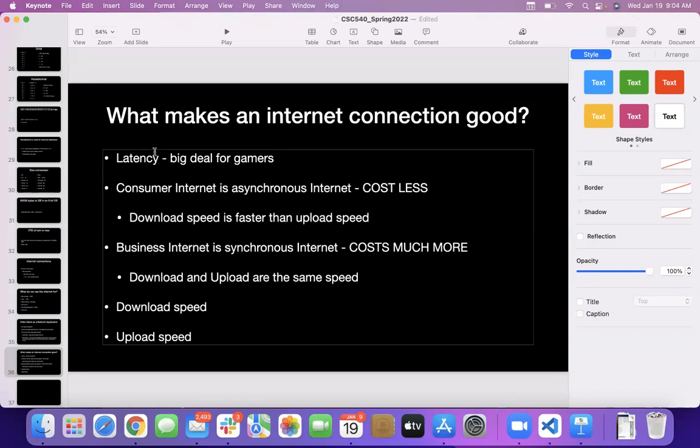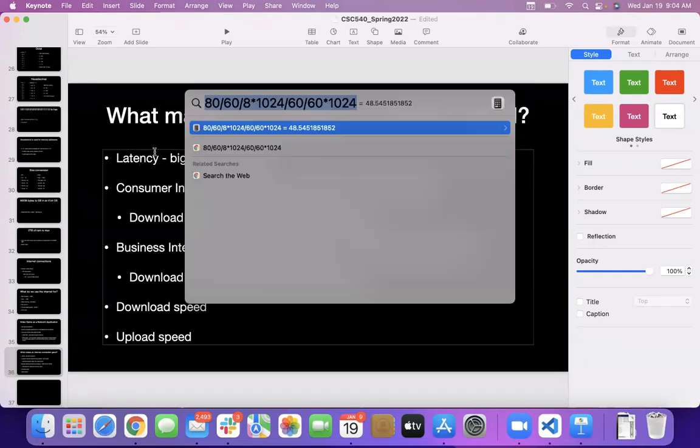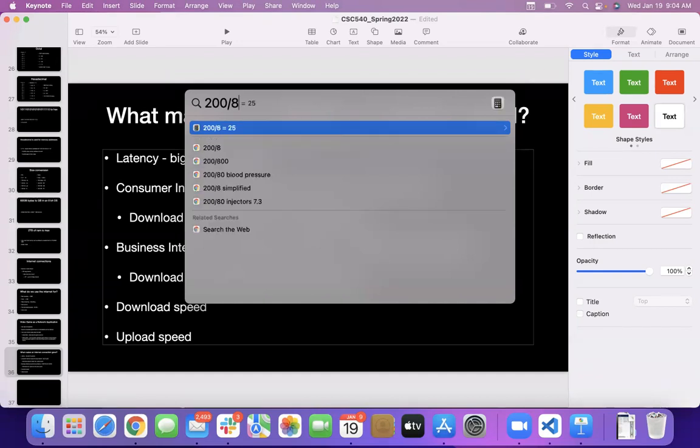So 200 megabits per second, 200 divided by 8, is 25 megabytes every second. If I multiply that by 1024, that's kilobytes, times 1024 again, that's bytes, divided by 60.